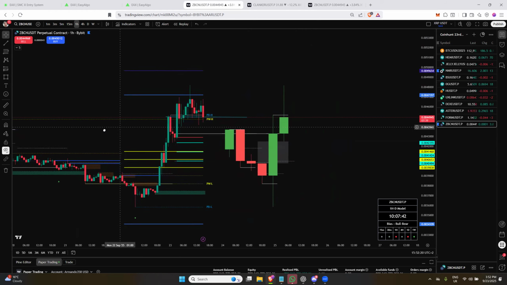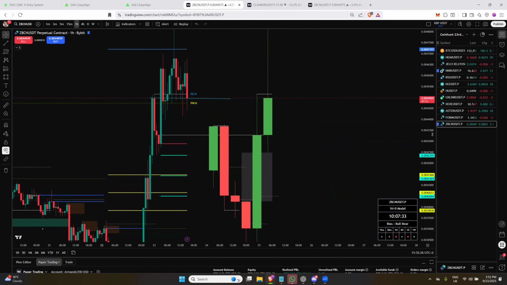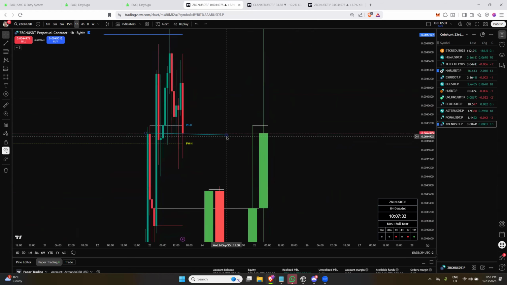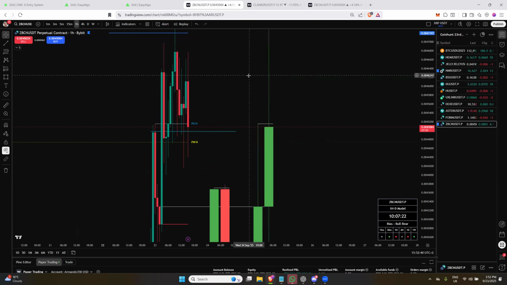So there's your 1 hour opposing candle level, which seems to be on the same level as previous day high or low, and also your equilibrium line as well. So you can see it keeps on breaking, but then retraces as well.